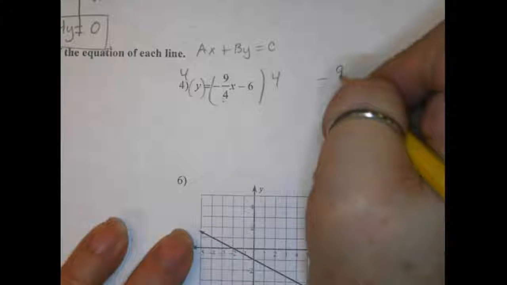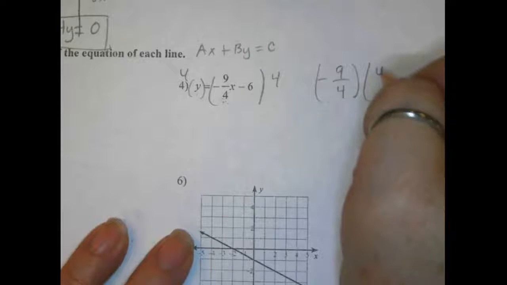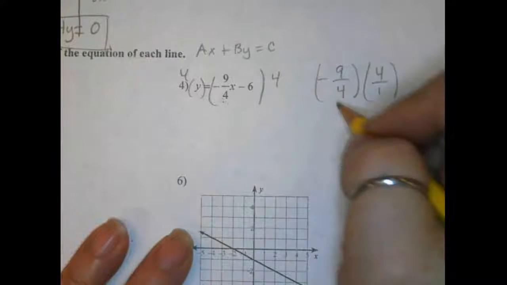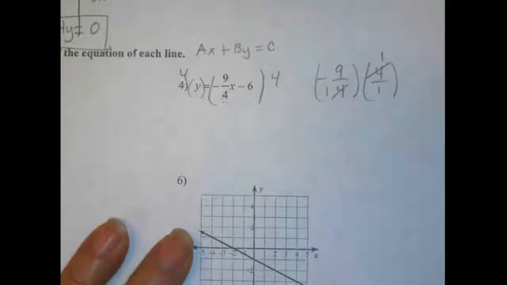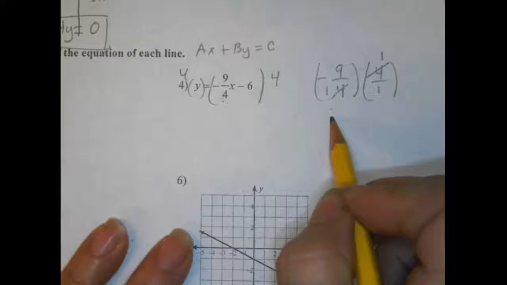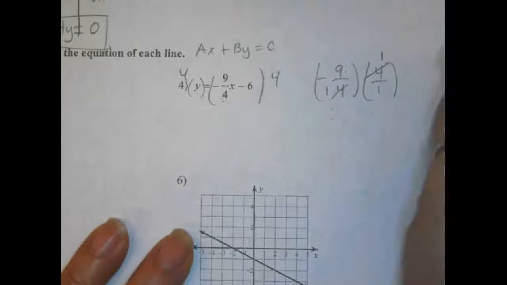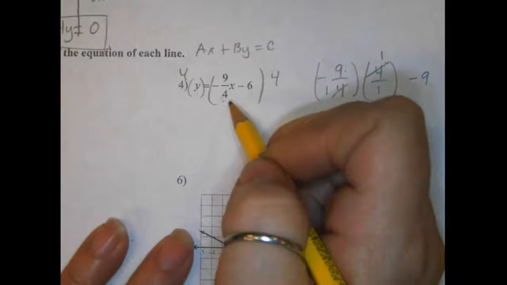If I've got a negative 9 over 4, and I'm multiplying it by 4, I turn my 4 into a fraction, right? 4 goes into 4 once. Now I have 1s on the bottom, correct? What's negative 9 times 1? Negative 9. That's how they cancel, right?